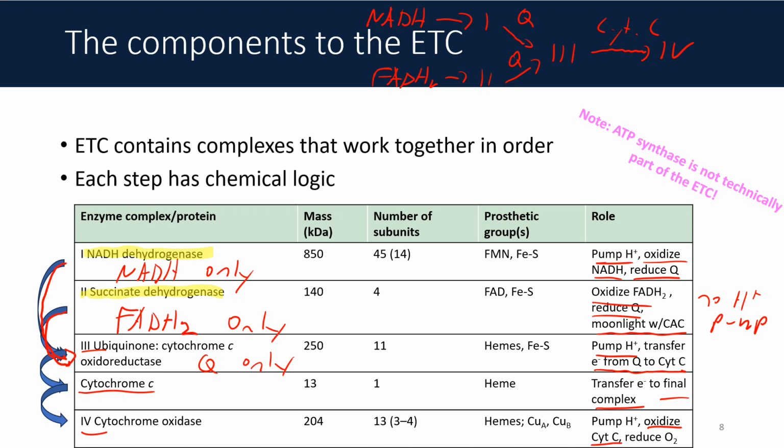Well, where do we put those electrons next? We've run out of partners to pass these electrons onto. So it's time to dump them. And we're going to dump them onto a dioxygen molecule and reduce it into water. This effectively removes the electrons from the electron transfer chain.